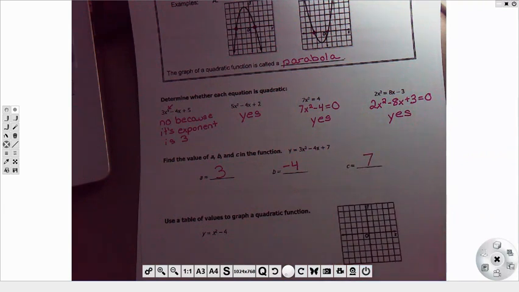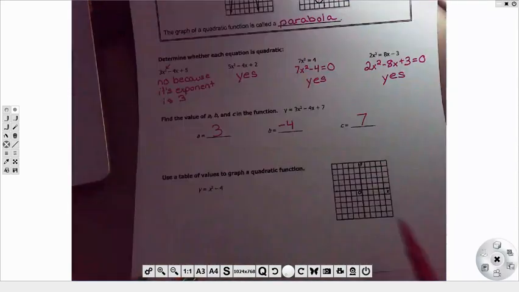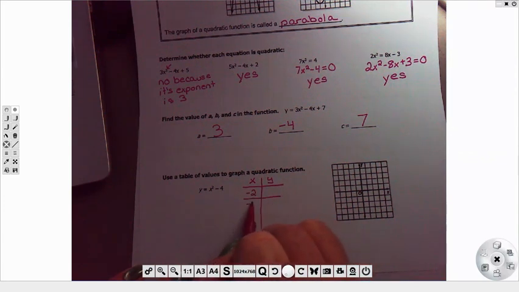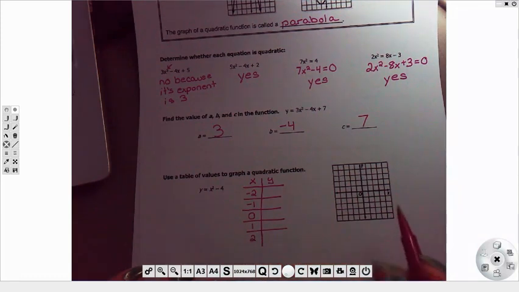Okay? So now we're given an equation and we need to create a table of values. Now when I do a table of values, I always start with nice numbers, like negative 2, negative 1, 0, 1, and 2. So if I were to put negative 2 in here, negative 2 squared is 4, minus 4 is 0.